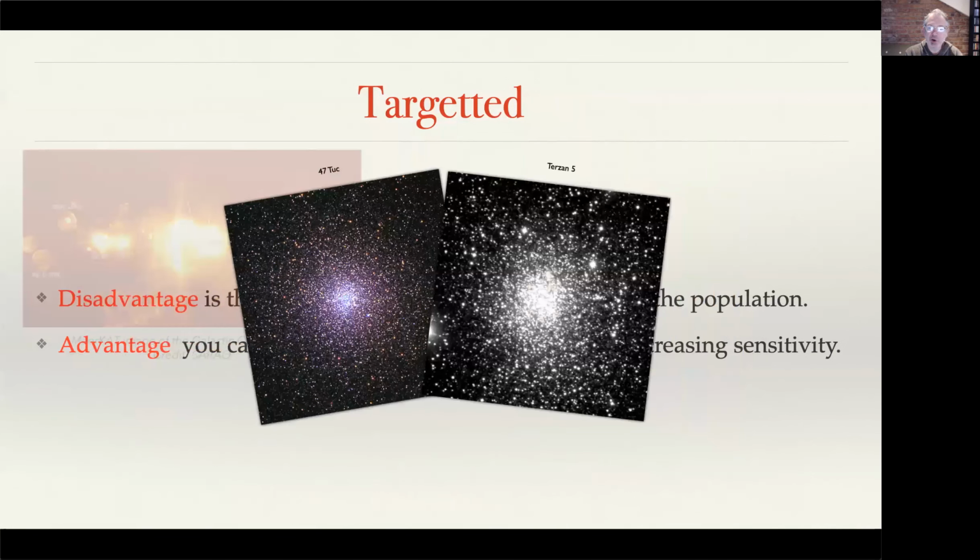We can also look in globular clusters. So globular clusters are regions where there are vast numbers of stars that I hinted at before, and we know that you get lots and lots of millisecond pulsars in globular clusters. In fact, in the two clusters I'm showing you here, 47 Tuc and Terzan 5, combined, there are nearly 60 millisecond pulsars.